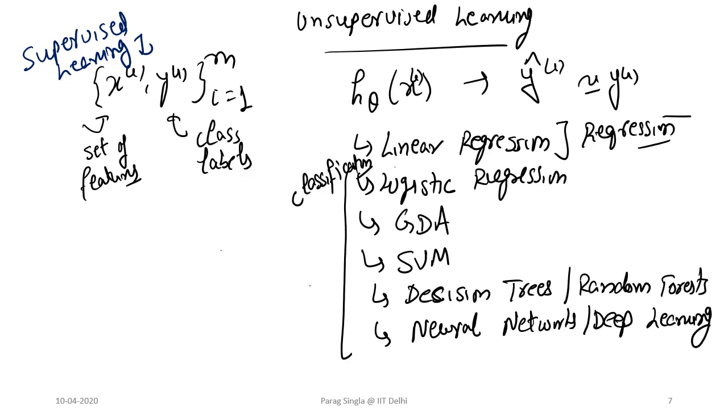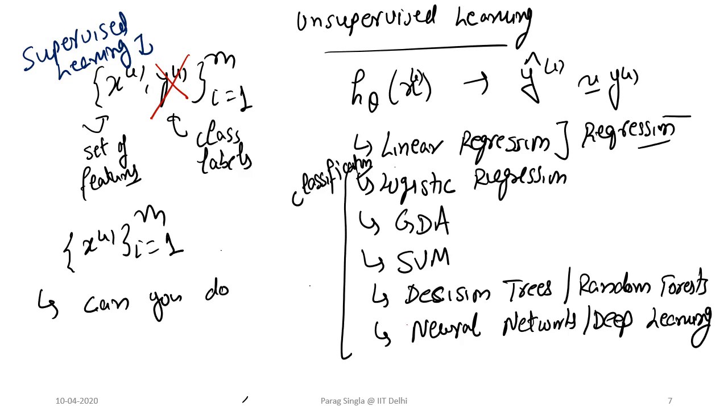Okay, so now, moving on, the question is, suppose that this yi is not available to you. What is given to you essentially is a bunch of examples, where each example comes with a set of features. This is the realm of unsupervised learning, and the question is, can you do something interesting here?